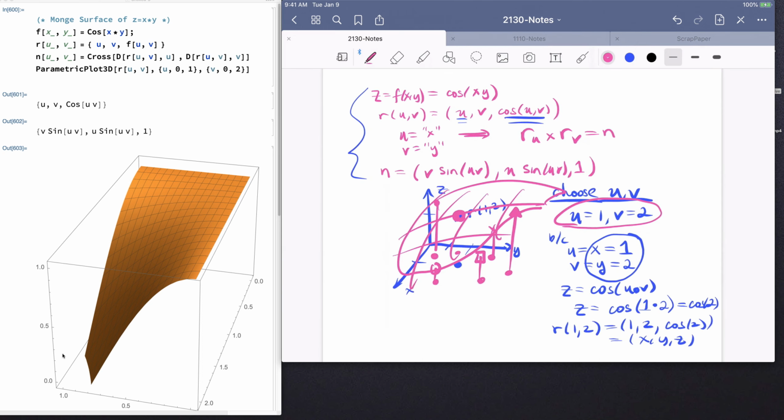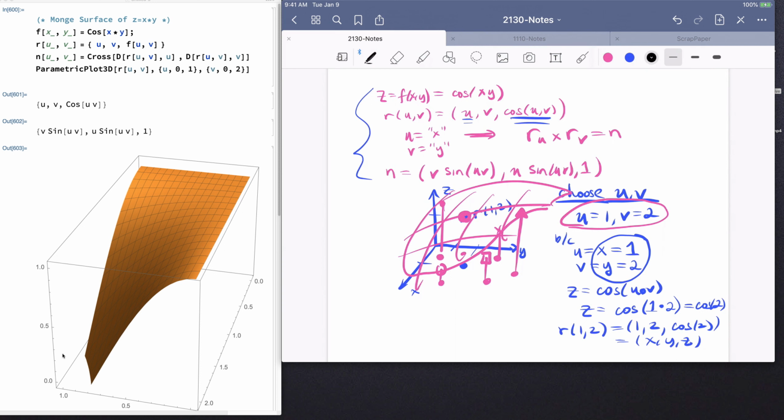Okay? And then what about the normal vector? If you chose u is equal to 1 and v is equal to 2, you can then find the normal vector at that point 1, 2, which would be 2 times the sine of 2, 1 times the sine of 2, and then z is equal to 1. The interpretation of this is a vector.